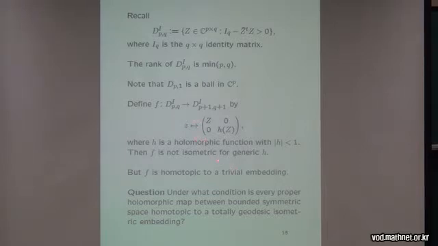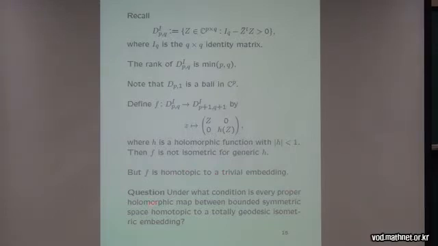But this map is homotopic to the trivial map. So if G goes to G, G000 is always proper, so we can make this arbitrarily small. So this image is homotopic to the trivial embedding.